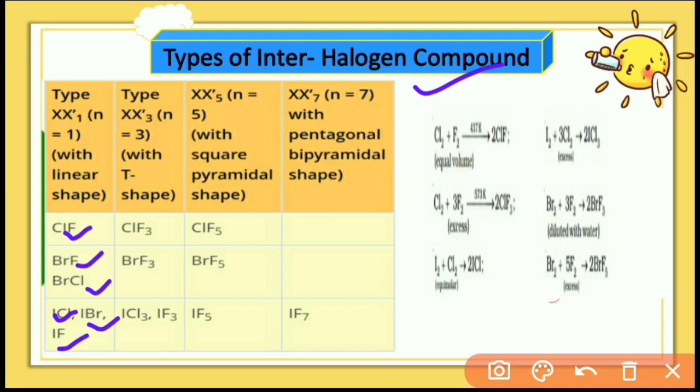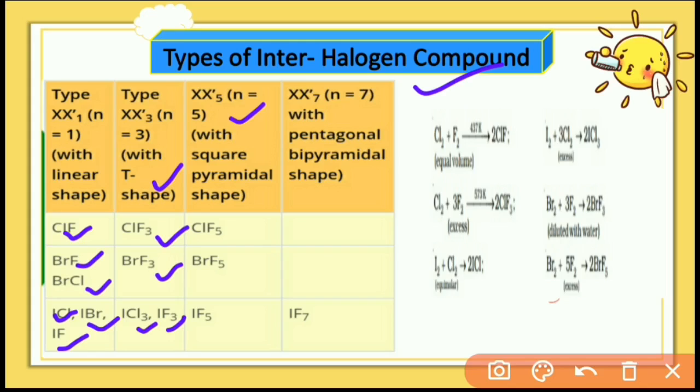Next type is X-3 type. Its shape is T shape. For example, chlorine trifluoride, bromine trifluoride, iodine trichloride, iodine trifluoride. Next type of interhalogen is X-5, with a square pyramidal shape.